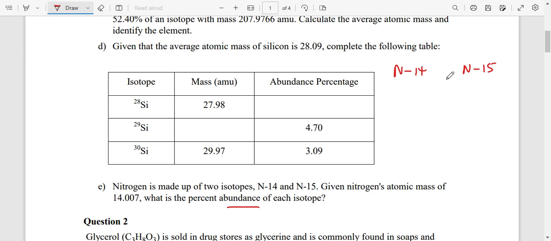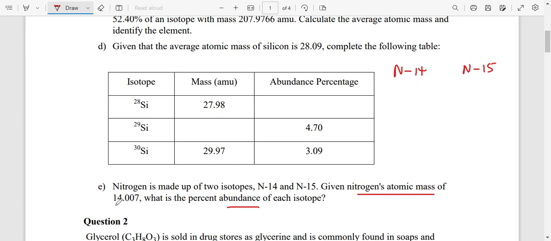Now, from here, the only thing that we've been given is nitrogen's atomic mass.